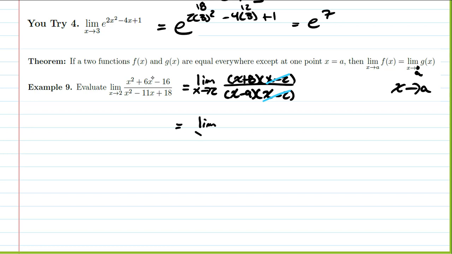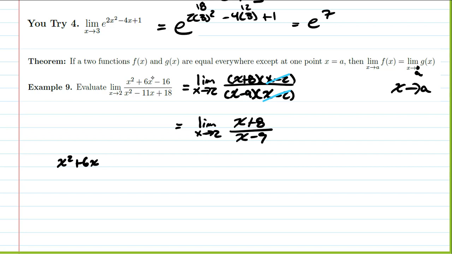So now we have the limit as x approaches 2 of x plus 8 all over x minus 9. Well, these two things are equal everywhere except at x equals 2.